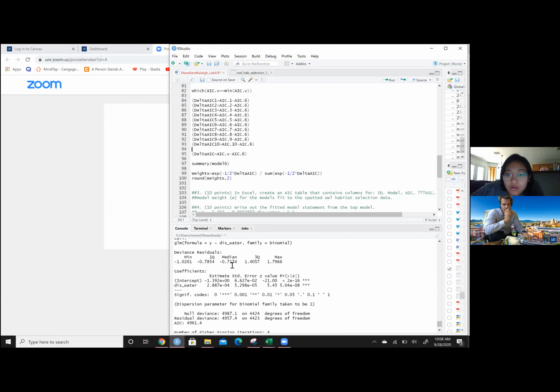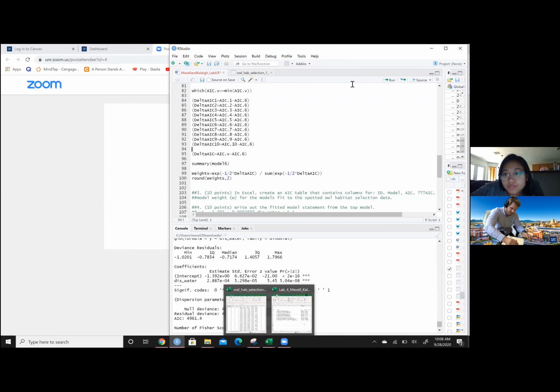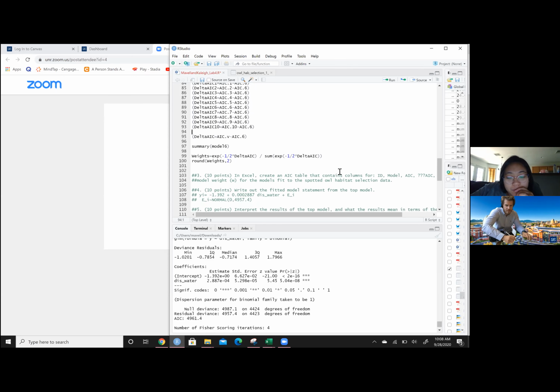Okay, so this is what I got. Model 6, you include distance to water. Yes. So beta 0 equals negative 1.392. Beta 1 equals, that's the distance to water, right? Yeah, 0.000289.